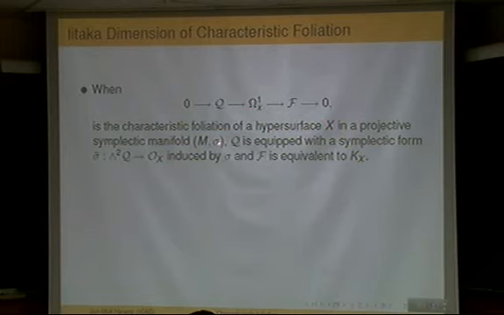In this case, the symplectic form on here descends because F is essentially given by the kernel of the symplectic form restricted to X. The symplectic form over here descends to a symplectic form on Q, in the sense that it's non-degenerate everywhere. On the other hand, F is equivalent to the canonical bundle of X, because by the adjunction formula, and M has trivial canonical bundle.